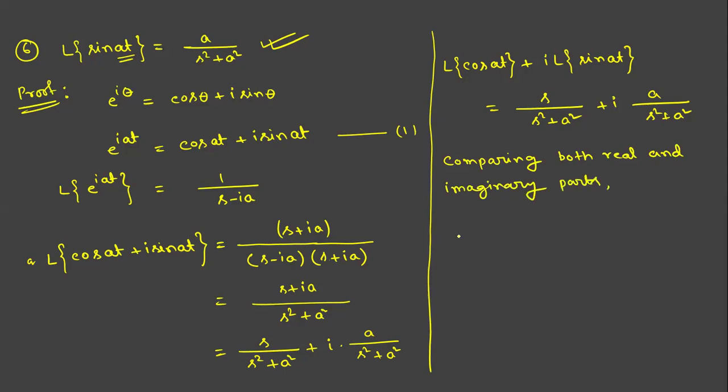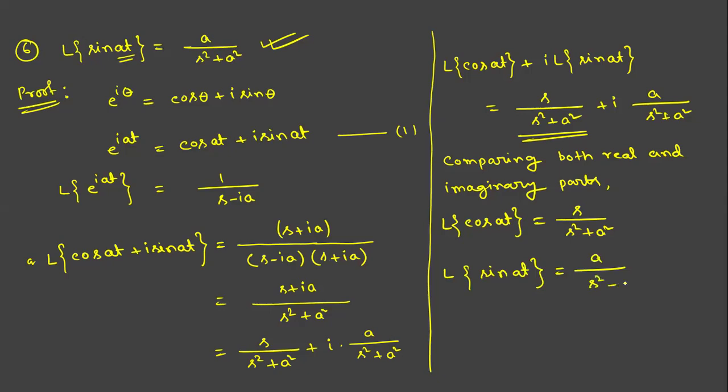Laplace of cos at, this is the real part, equals s by s squared plus a squared, and Laplace of sin at equals a by s squared plus a squared. Clear? So in a single proof I have proved two formulas, Laplace of sin at and Laplace of cos at. And this proof is important for your semester examination.